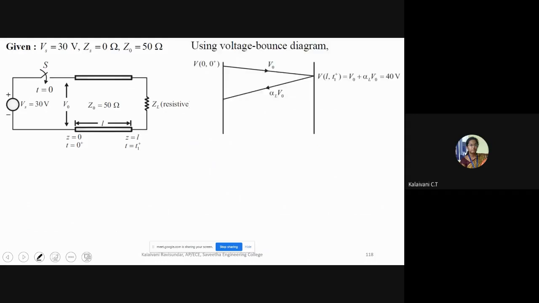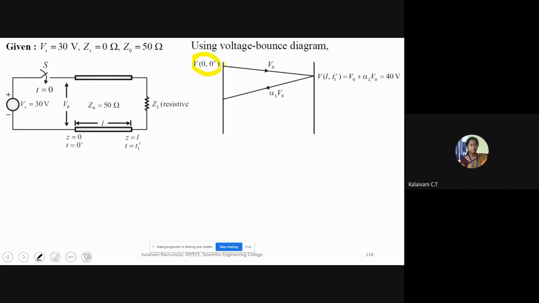So for this diagram, I have drawn the voltage bouncing diagram. What is a voltage bouncing diagram? I have drawn the traveling time here. When 0, 0 means when the length is 0 and time is 0, it is at the starting position.